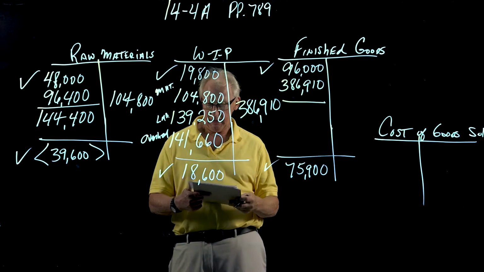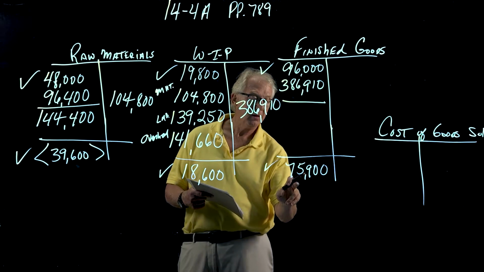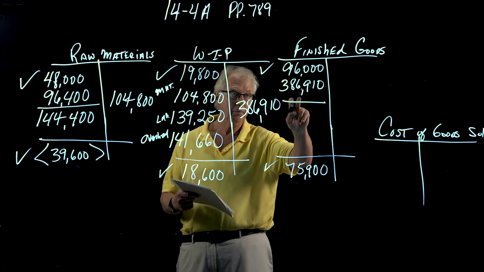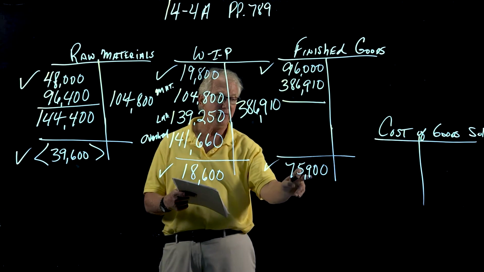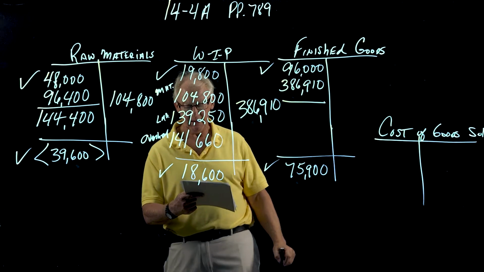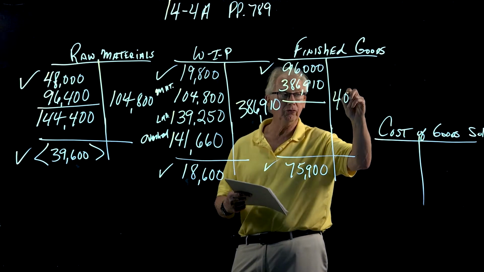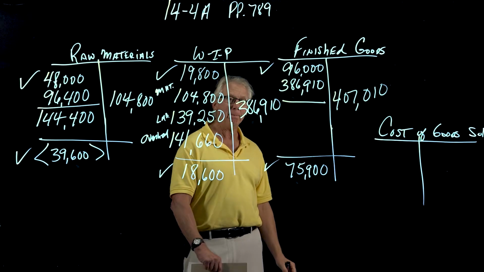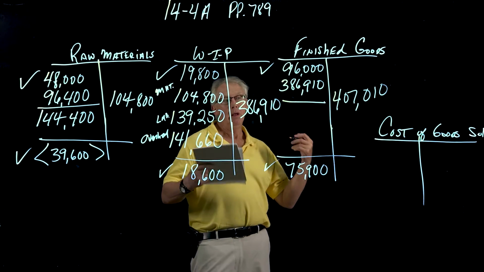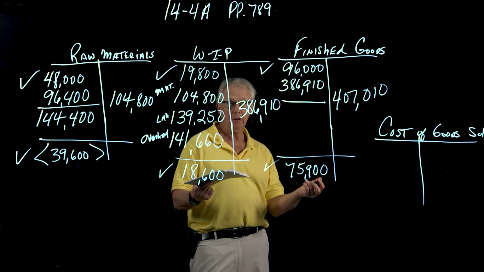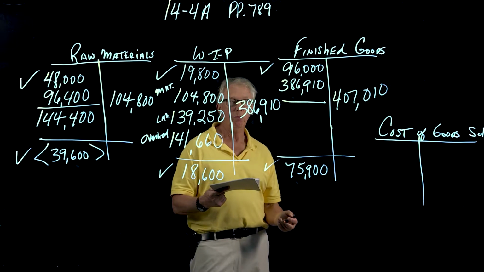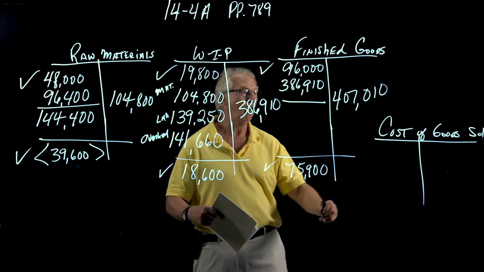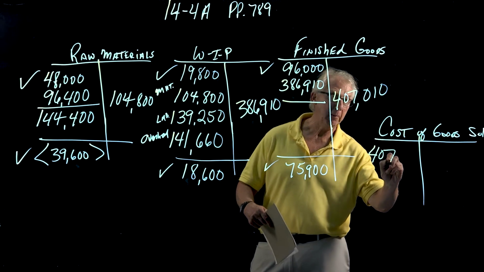Okay, and let's subtract out the 75,900 from the sum of these two, and we're going to get a number $407,010. Okay, so if we're going to credit something, and we're crediting finished goods with $407,010, we have to debit cost of goods sold for the same amount.